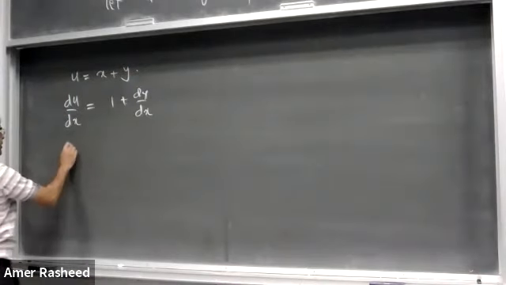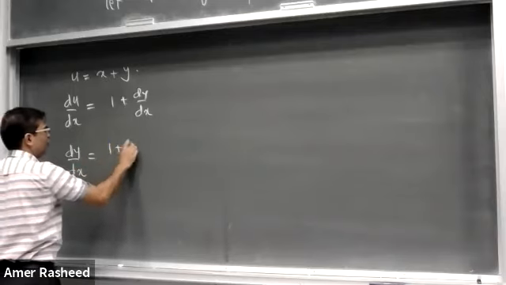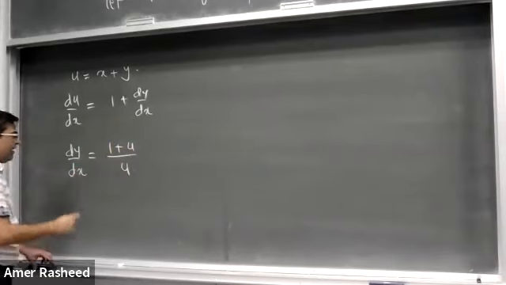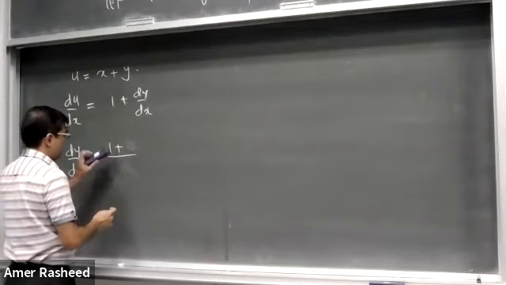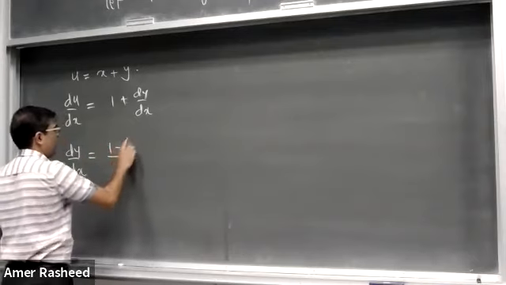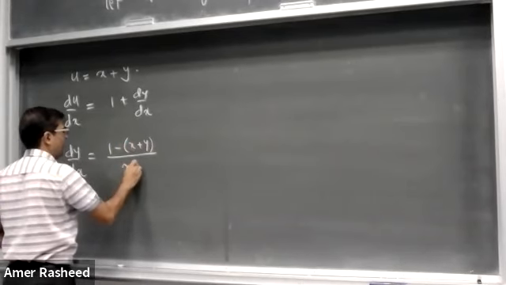So the equation, dy by dx, is equal to (1 minus u) divided by u. In fact, it was 1 minus (x plus y) divided by (x plus y).